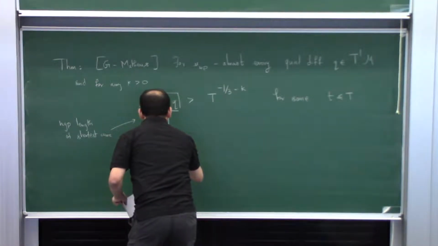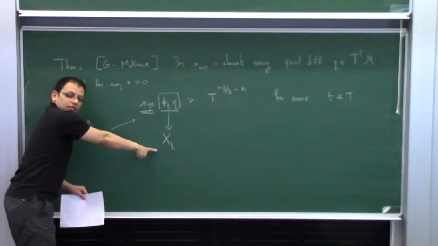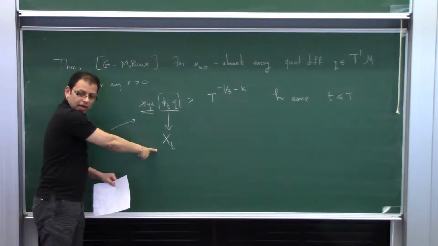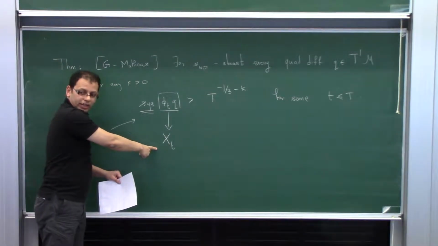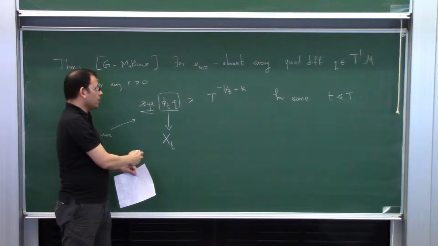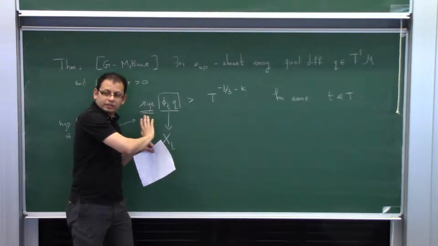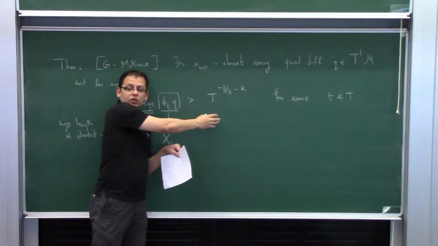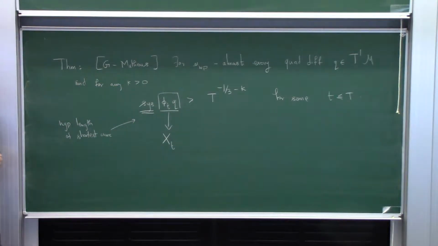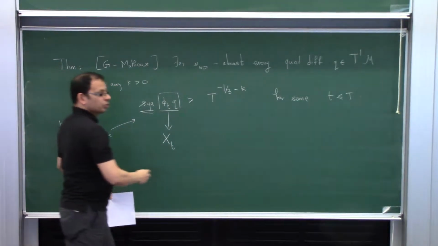Let's call that X_t. For each t, I look at its systole and record its length, and then there will be some time such that all of the systoles up to that time will exceed this amount. You cannot get too close to the cusp. You can say that capital T is large enough. Yes, of course we do.